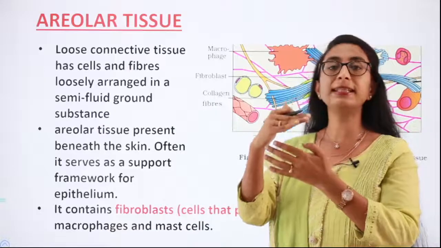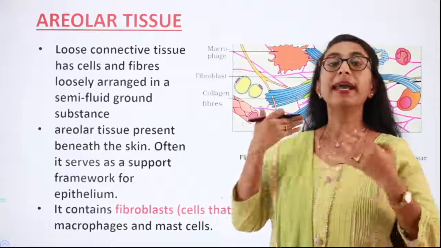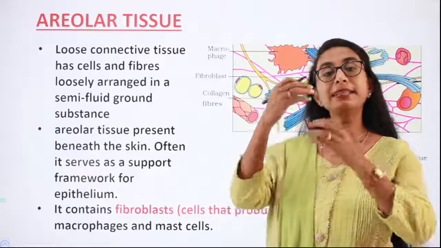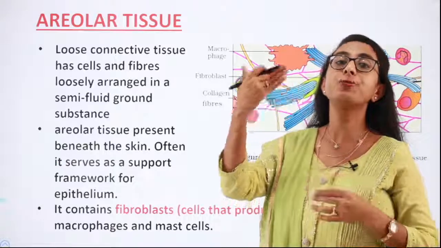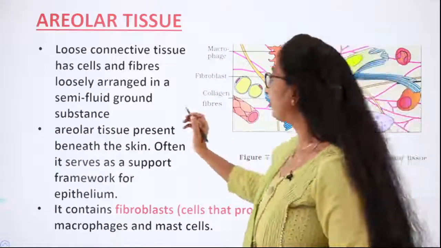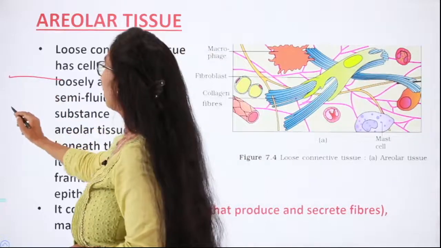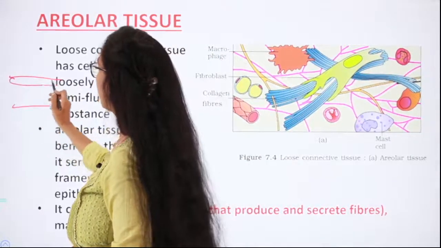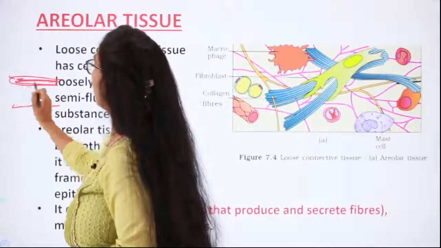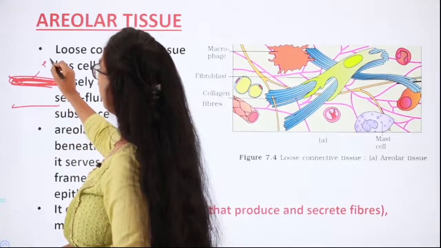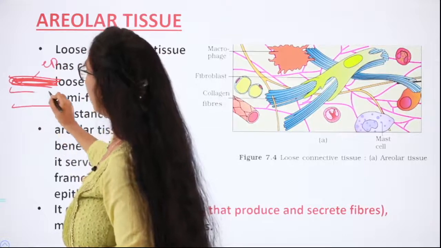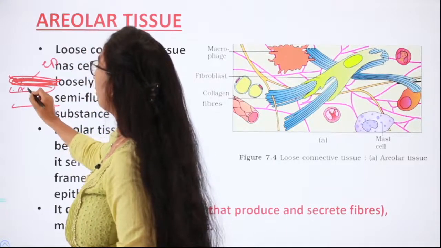So beneath the skin we have the areolar tissue. It is this areolar tissue which gives support to the epithelium which is present just above it. So if this is the skin, first in the skin to a certain depth you will have the epithelial tissue and then just below that you can find the areolar tissue.